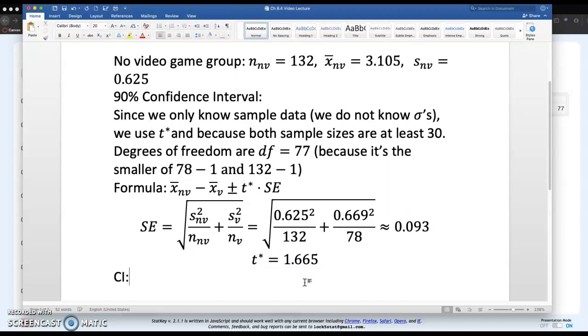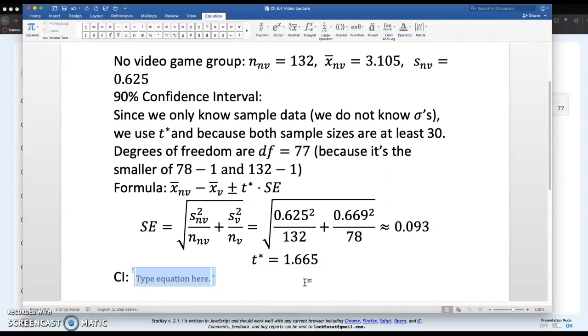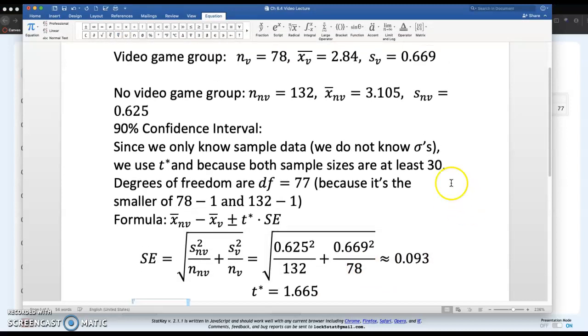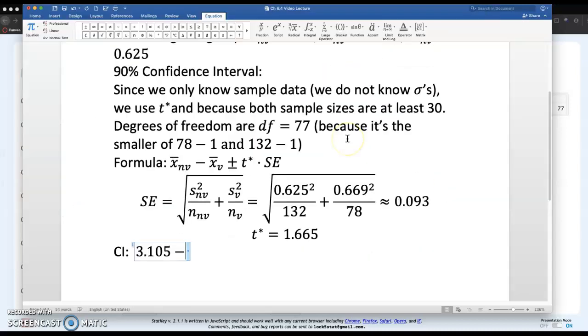So then the confidence interval is going to be the difference of the two means, so 3.105 minus 2.84, plus or minus t-star 1.665, and then times standard error 0.093.